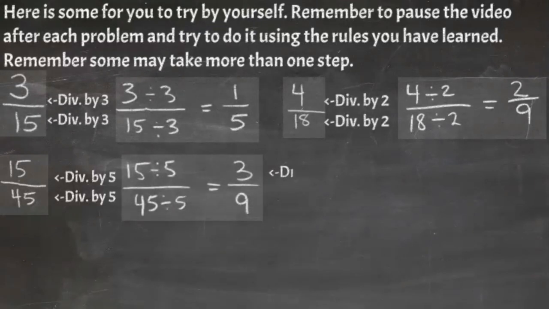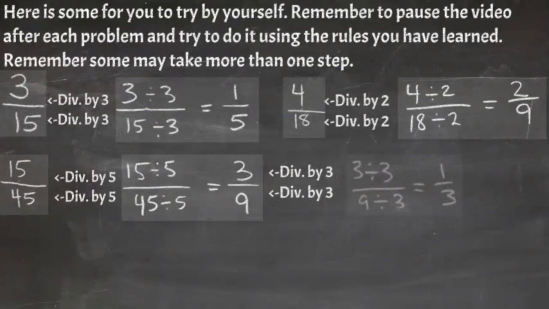And I know that 9 is divisible by 3, so I'm going to divide both by 3. So I get the new fraction 3 divided by 3 over 9 divided by 3, which is equal to 1/3. Both of those are prime numbers, so I'm done.